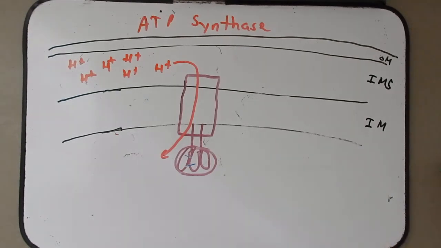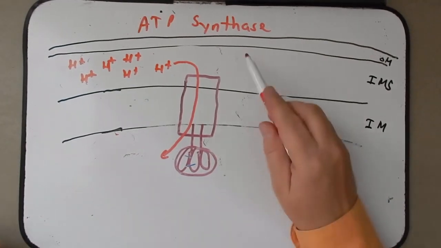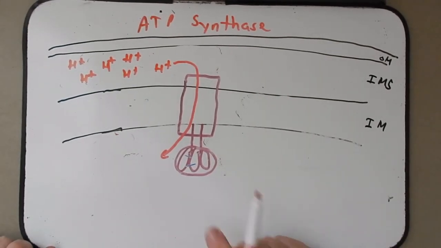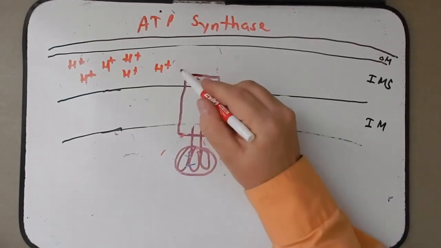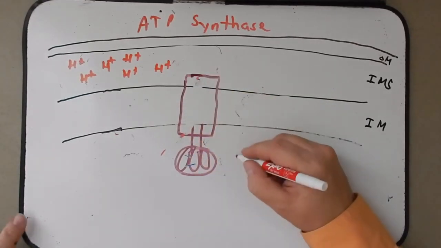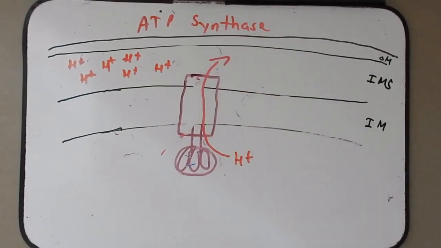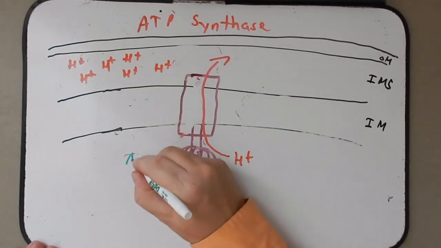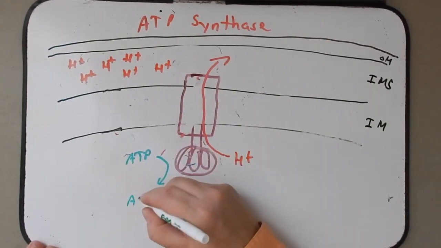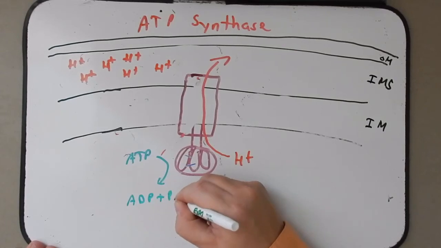Okay, now, if that didn't impress you enough about this enzyme, I'm going to tell you something else it does. And that is that the protons don't always move in this direction. The protons can move in this direction. And when it moves in this direction, it converts ATP into ADP plus inorganic phosphate.